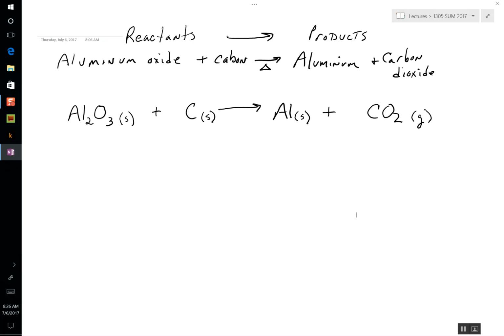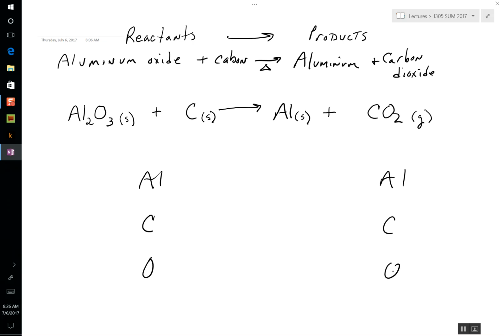Every gram of reactant that goes into a reaction will come out of it. It may be in a new form, not the same form it was in originally. Here we've got aluminum, we're going to get aluminum. But we should have the same number of aluminums, carbons, and oxygens on both sides of this equation.